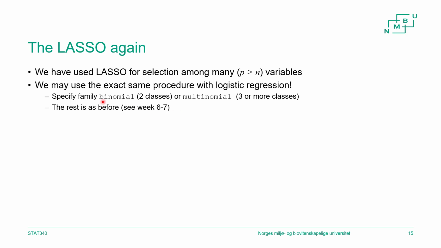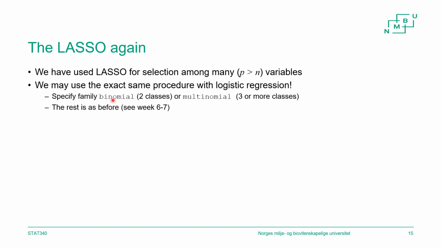So you just specify the family binomial or multinomial in the same function that we used for regression, where we didn't specify anything, because then you get the default, which is Gaussian, the identity link function.